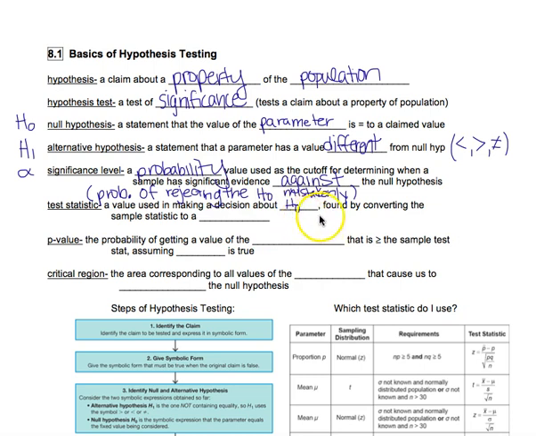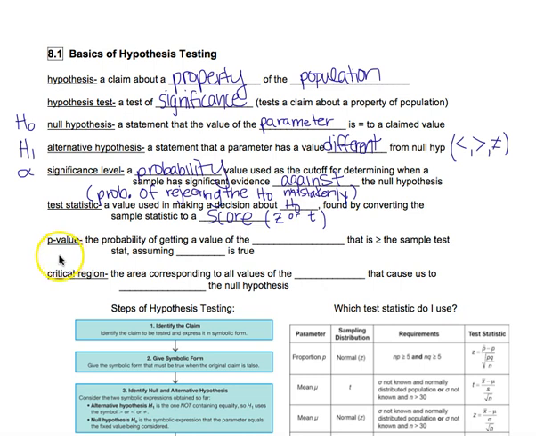We find the test statistic by converting our given sample statistic to a score. Now, this could be a z-score or it could be a t-score, because remember in chapter 7 we introduced the student t-distribution where we had t sub alpha over 2. So sometimes we'll be using z for our test statistic and sometimes we'll be using t.